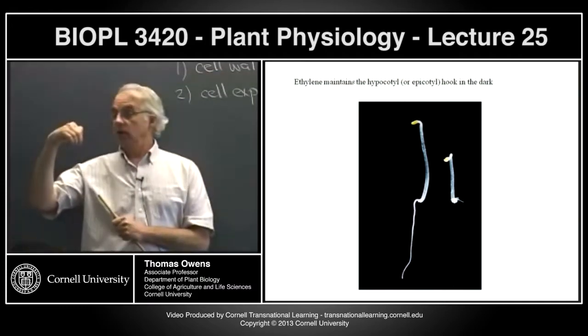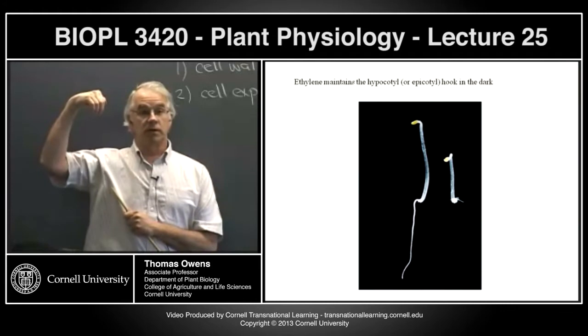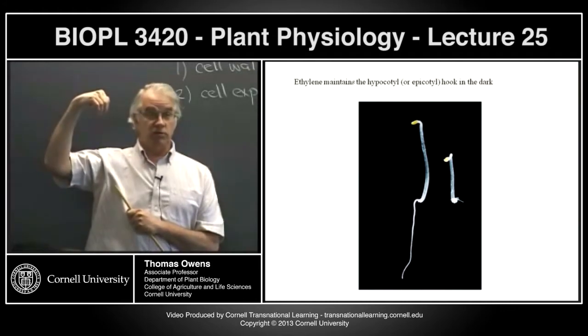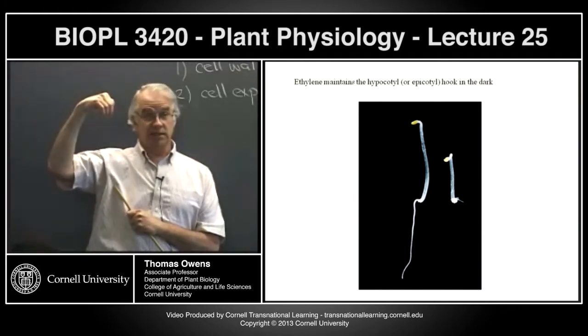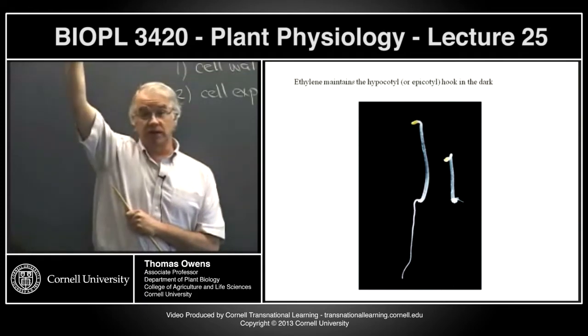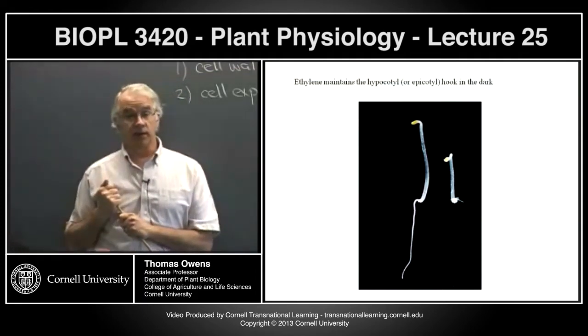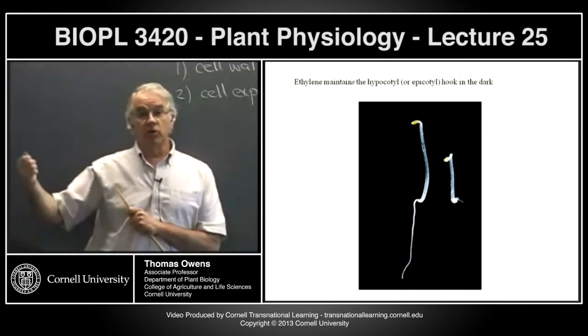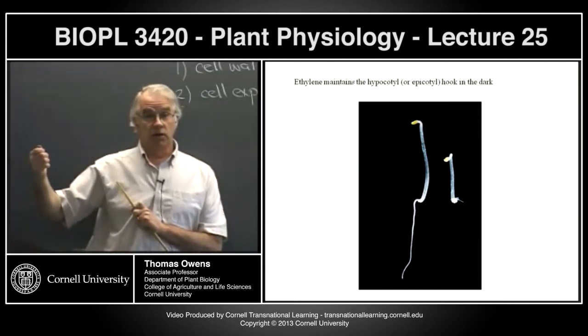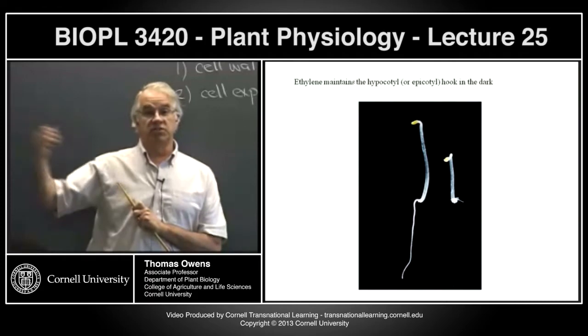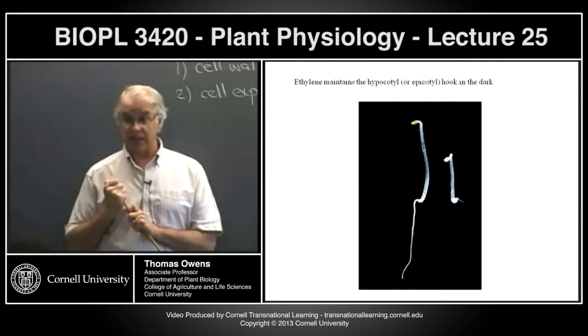Think about a seedling pushing through the soil. The ethylene diffusion around the seedling is going to be much different than when it pushes out into the air. Right? So there's probably a greater loss of ethylene. But when phytochrome is activated, the synthesis of genes involved in ethylene biosynthesis stops.